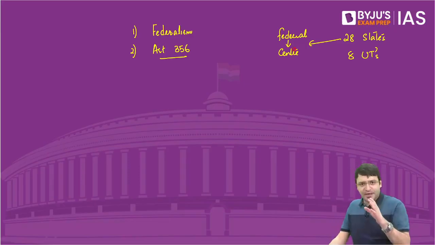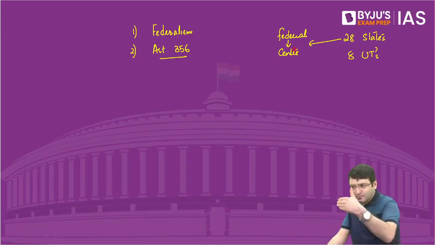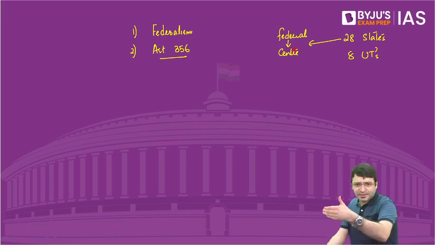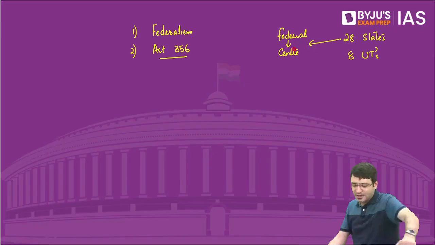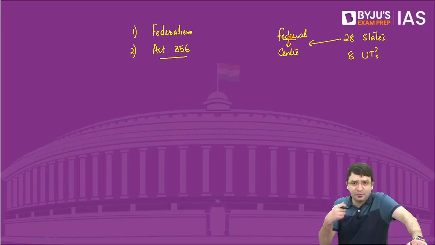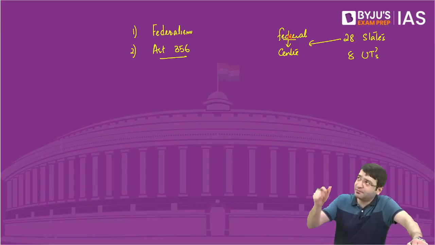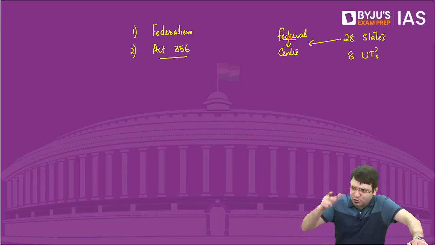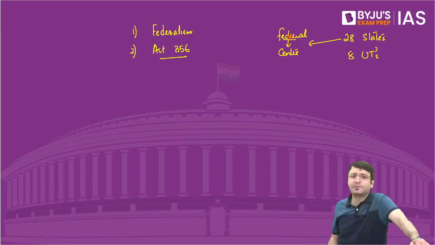That means center will have the power to make laws on foreign affairs, currency, banking, insurance. But these states will have the power to make a law on land, law and order, agriculture, gambling, and so forth. We will have a chief minister at the state, we'll have the prime minister at the center. There is dual government, there is distribution of powers.